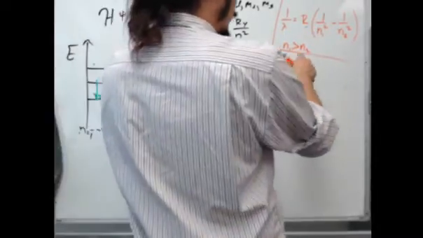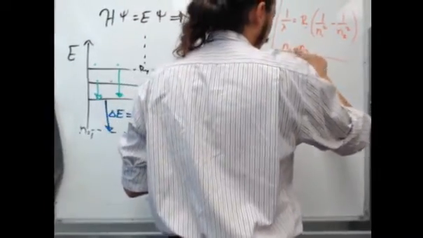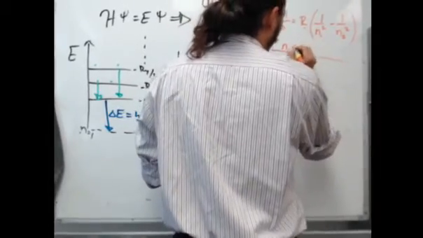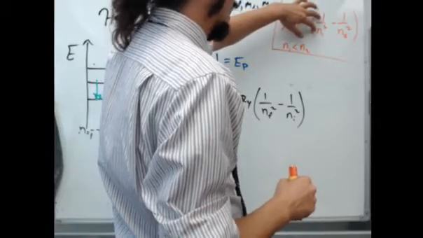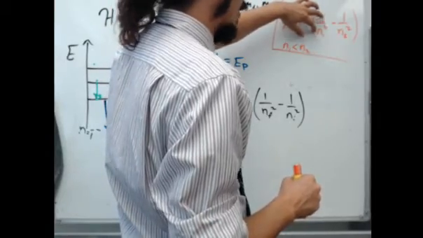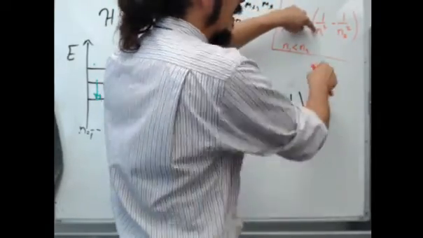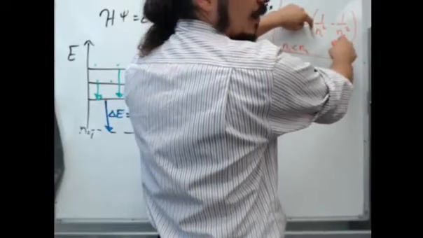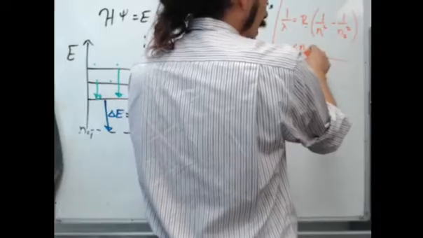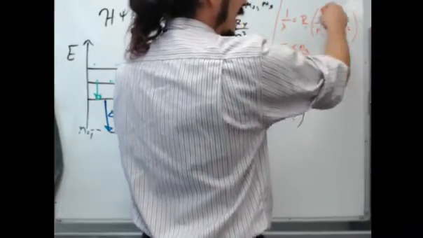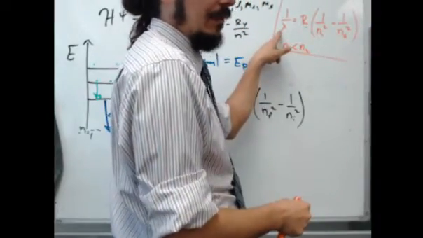Wait, let me think about this. Nope, opposite direction. n1 has to be less than n2. That way, this one is going to be a larger fraction. So if this is 1 and this is 2, you've got 1 minus a quarter. If this is 2 and this is 3, you've got a quarter minus a ninth. This guarantees that this stays positive, so we get a positive wavelength.